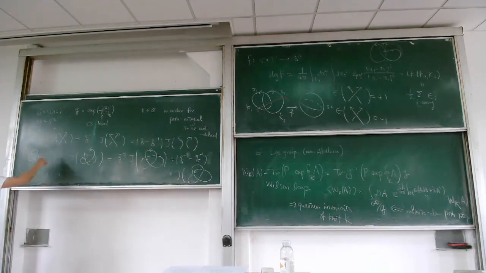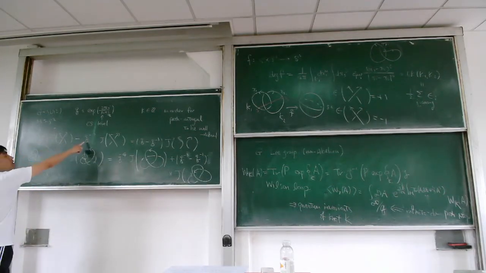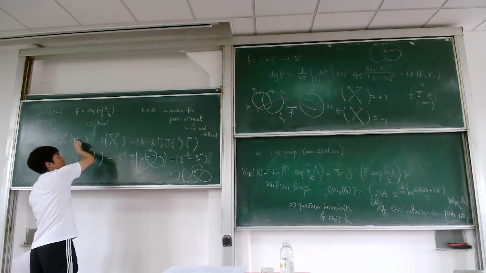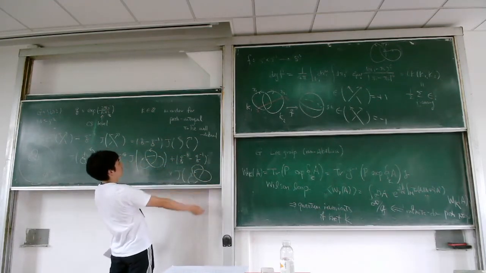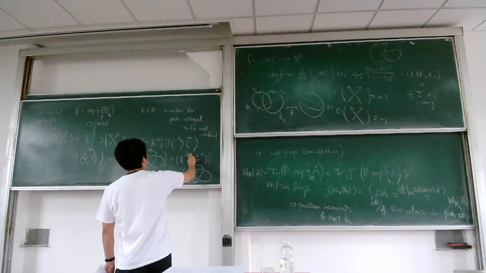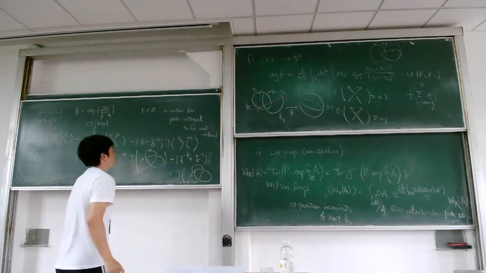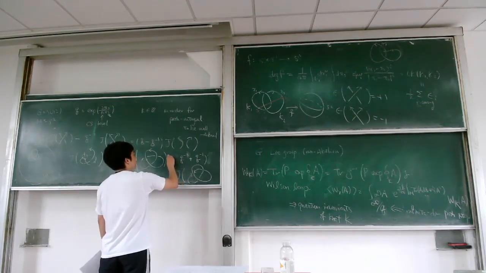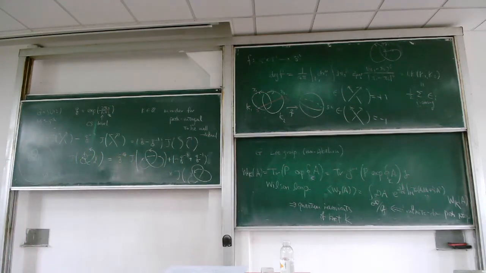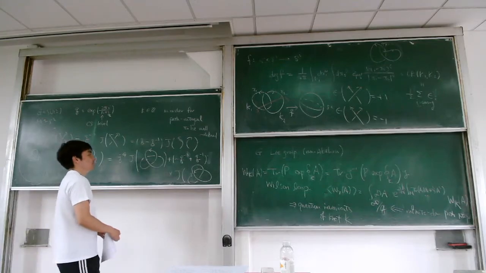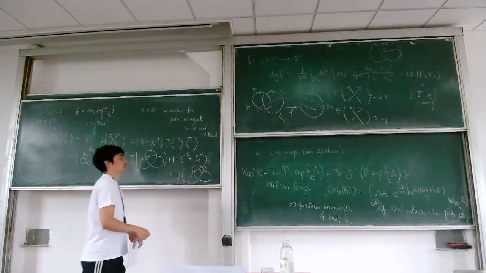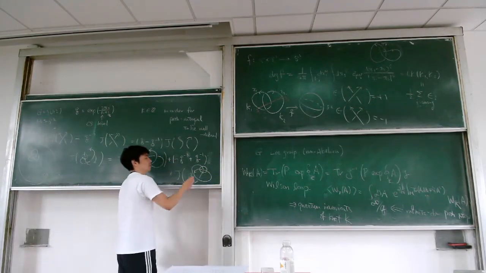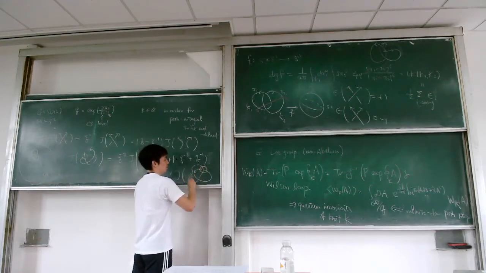And you have to multiply q to the minus 1, q to the minus 2, then you get q to the minus 4, and you just bring this one to the right hand side, you have a plus sign, minus 2, oh my goodness, I think this should be plus 1 and minus 1. Oh, sorry. Okay. I think now it looks okay. And here you have another crossing, and you apply the same thing. Okay. It's very easy.